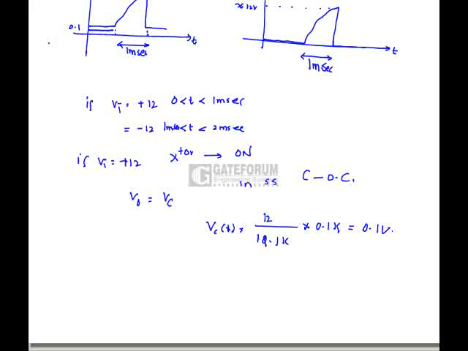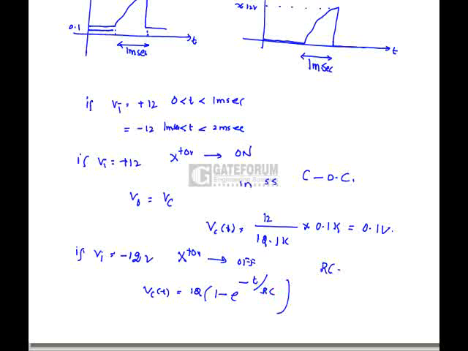Now if Vi is minus 12 volts, then the transistor turns off, means it acts as an open circuit. So the Vc of t is nothing but 12 into (1 minus e power minus t by Rc).